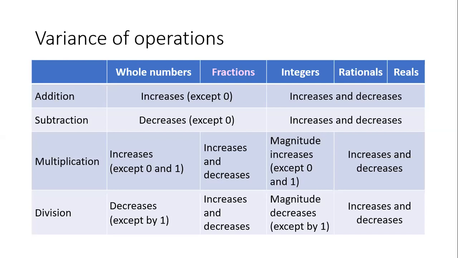The same goes for multiplication and division; it bifurcates into four possibilities: increase in quantity and magnitude, decrease in quantity and magnitude, and with negatives, a decrease in quantity but magnitude that could increase or decrease.